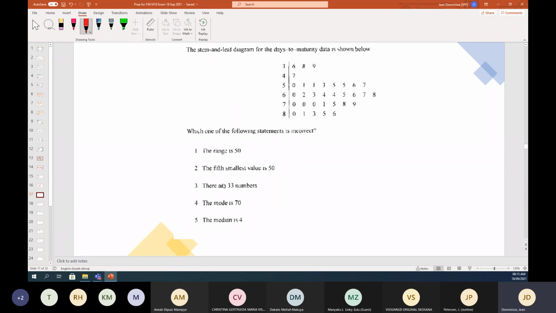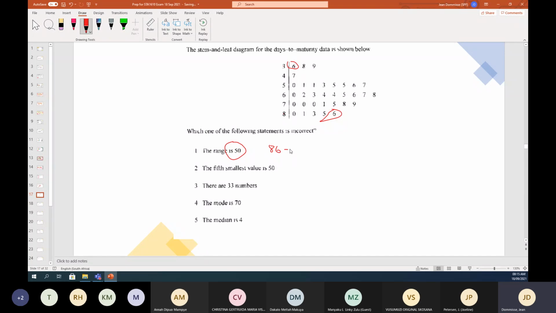Okay, so let's look at basically the same question, but somewhere else there's one of the things that are wrong. So you can again look at the ones that they now changed in this question. So the range is 50, so that one stayed the same. It was the 86, your largest number, minus your smallest number.